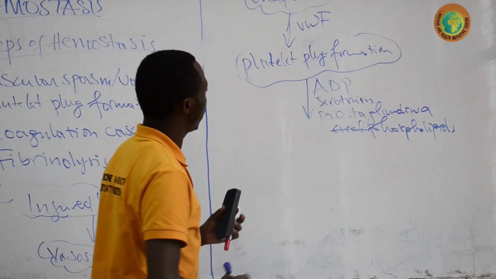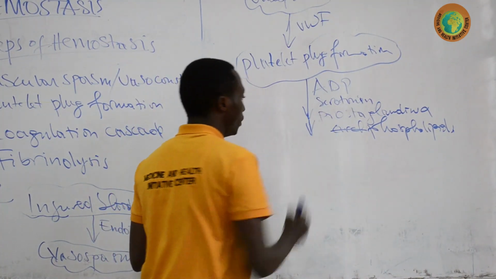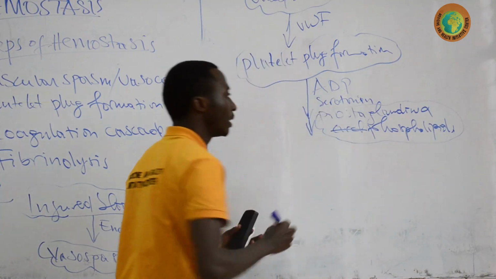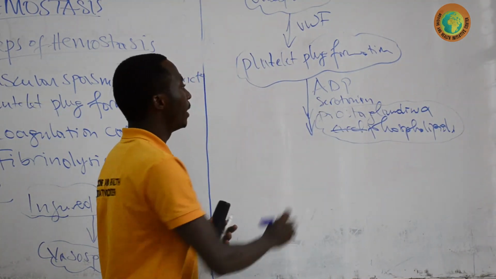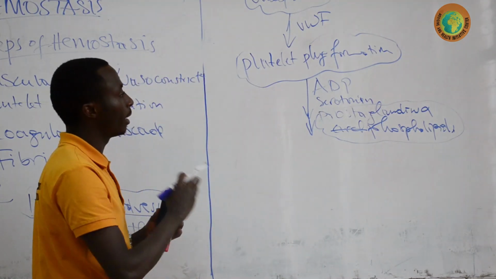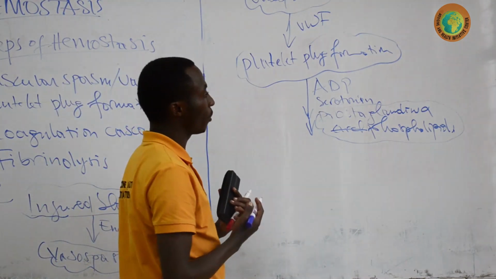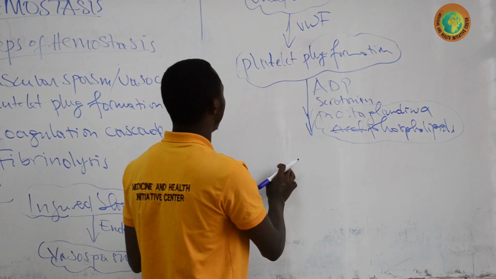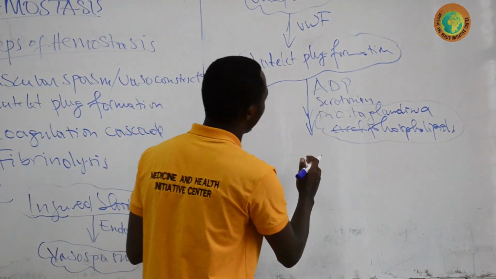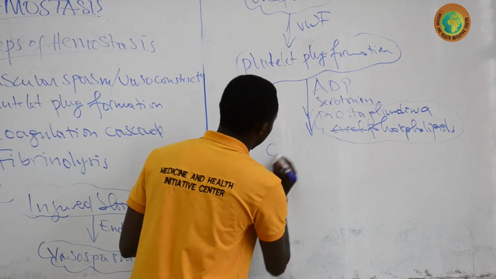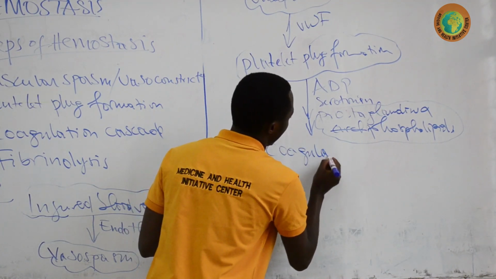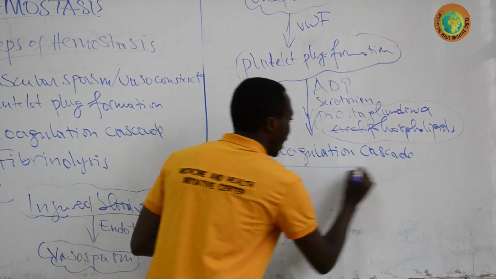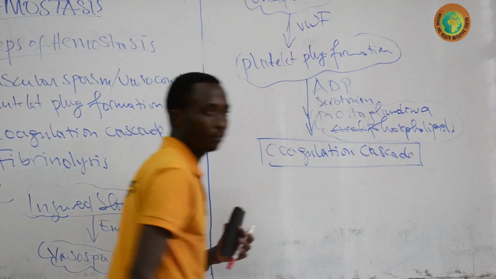In the previous video, we said that these vasoconstrictors, prostaglandins and the phospholipid arachidonic acid, cause vasoconstriction, of course, but also initiate the third step of hemostasis, which is the coagulation cascade. The coagulation cascade is the topic of today.